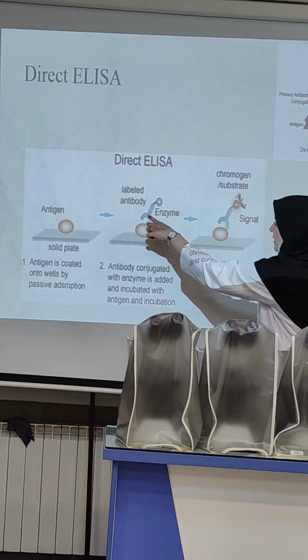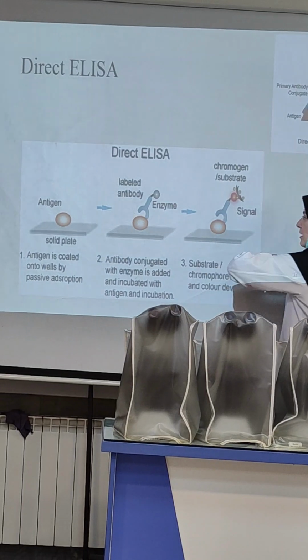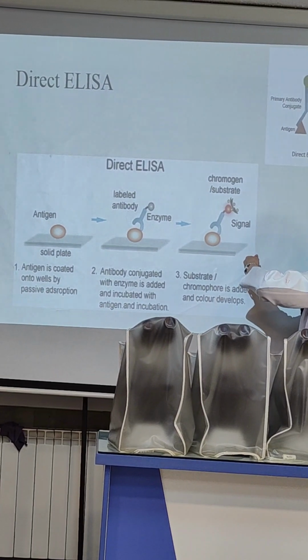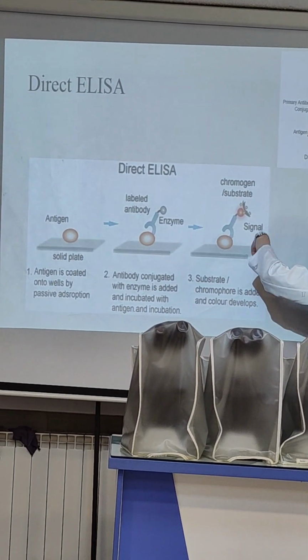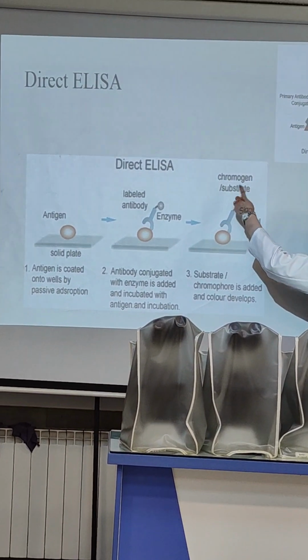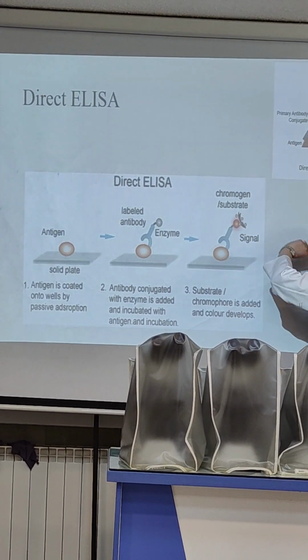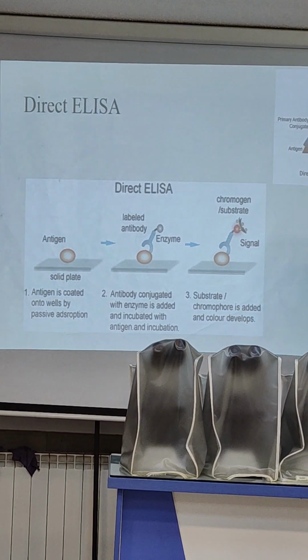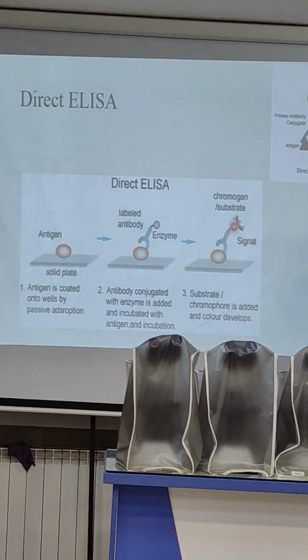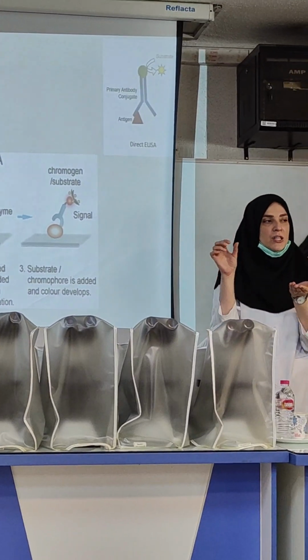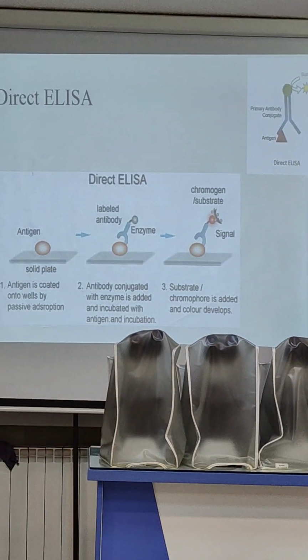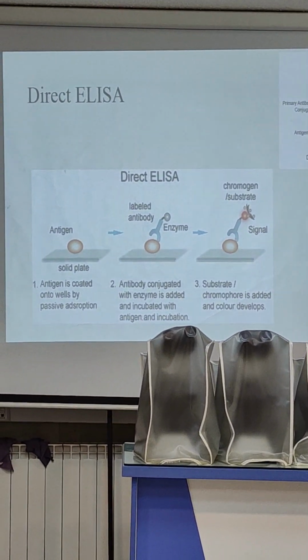This is again an enzyme; we add the enzyme. If we want to measure the formation of this immune complex, we should have a substrate, and this substrate should be a chromogen. So by the alteration of the intensity of the color, you can determine whether there is any immune complex formation or not.